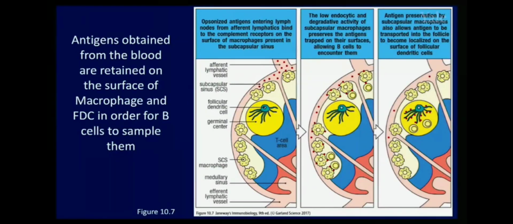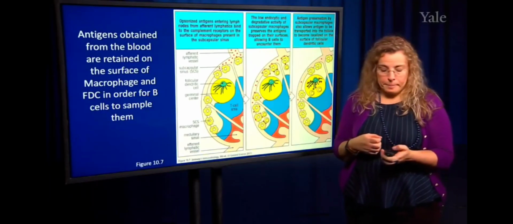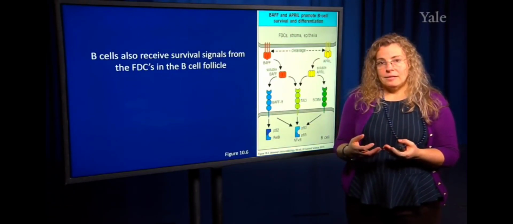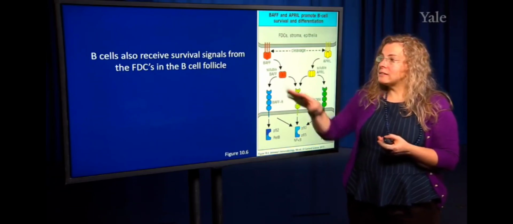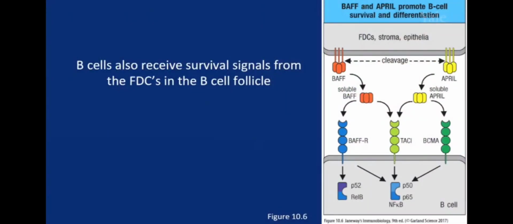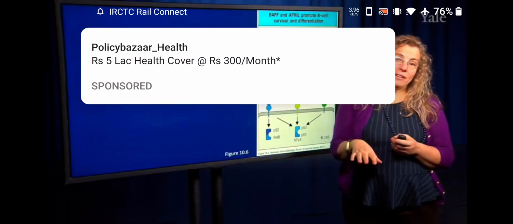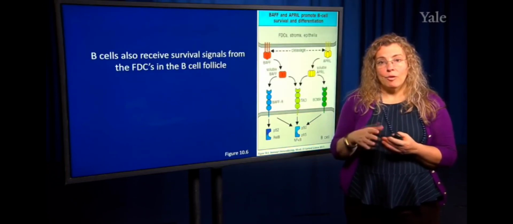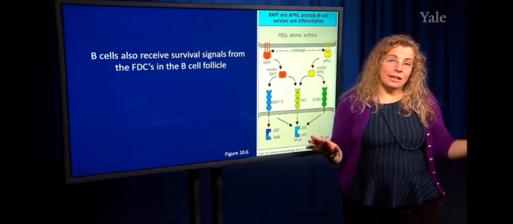And the B cell then can take that antigen off of those cells, internalize it itself, and present pieces of it on class 2. During this process, the B cell also gets some survival signals from these antigen-presenting cells. It's the first survival signal the B cell will get because it hasn't had a chance yet to get that signal from a T cell because it hasn't interacted with a T cell yet. Remember, it's still in the follicle, and a T cell is separate in the T cell zone.